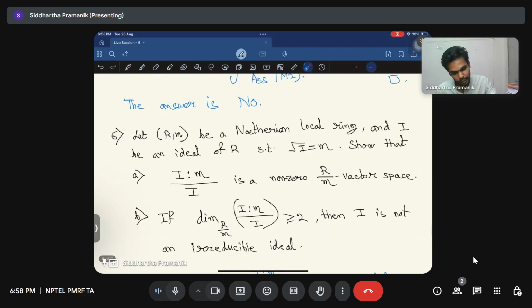Now we need to prove that this is non-zero. So this quotient must have some non-zero element.